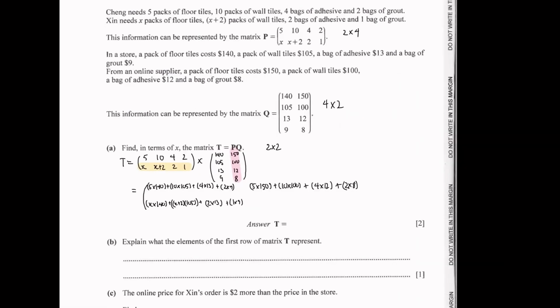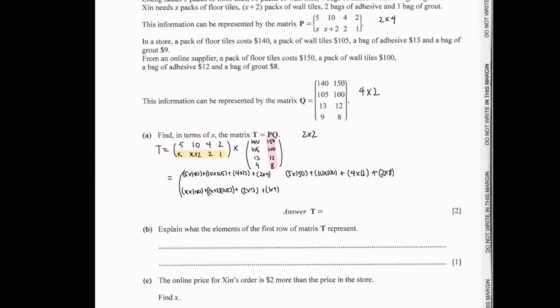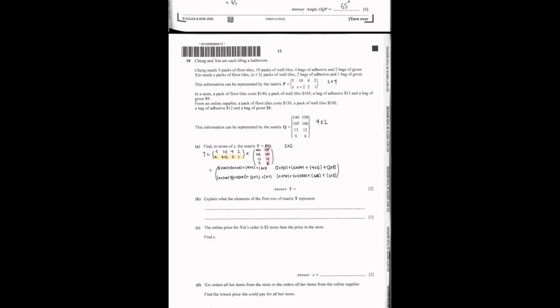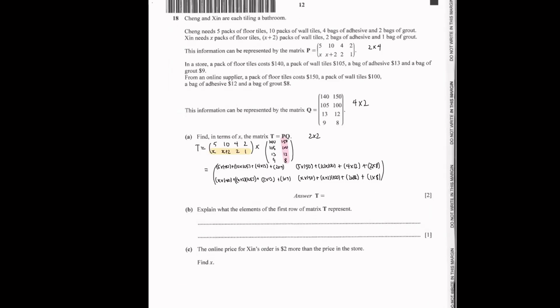So that will give us x times 150 plus x plus 2 times 100 plus 2 times 12 plus 1 times 8. Okay, now we just have to add this all up.